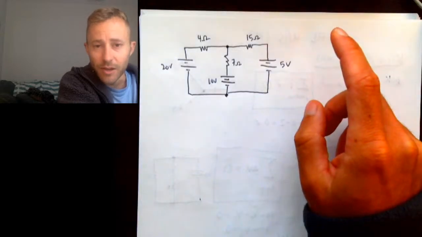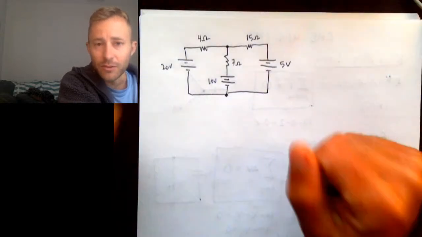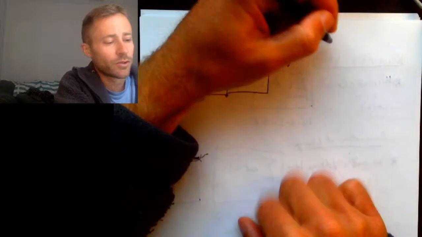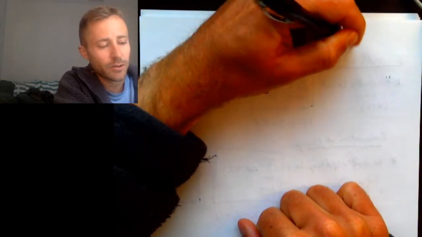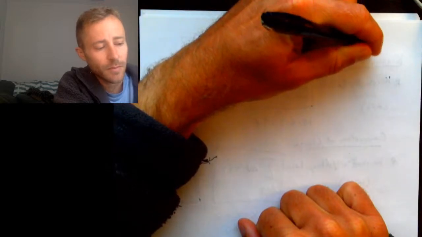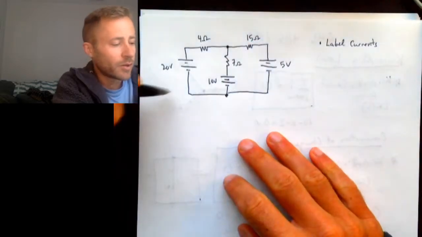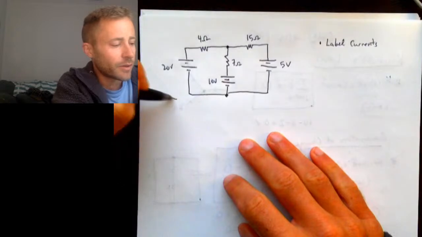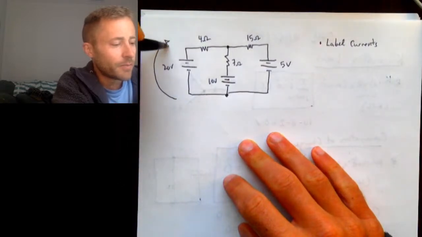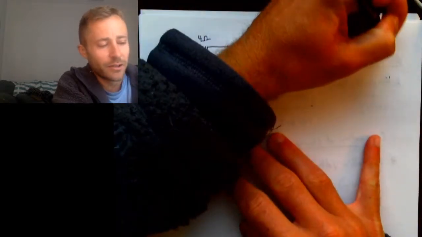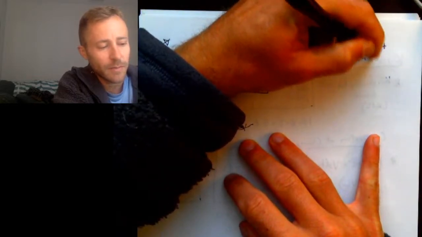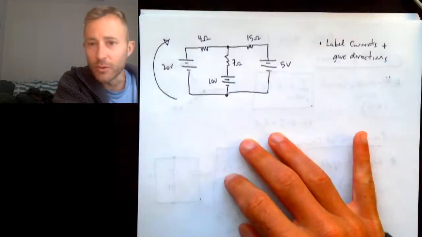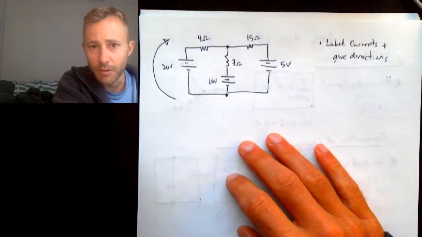So I'm going to give them names and directions. So the first thing I'm going to do is label the currents. All right, so I'm going to call this current, and you are going to give them directions. Those directions are completely arbitrary.